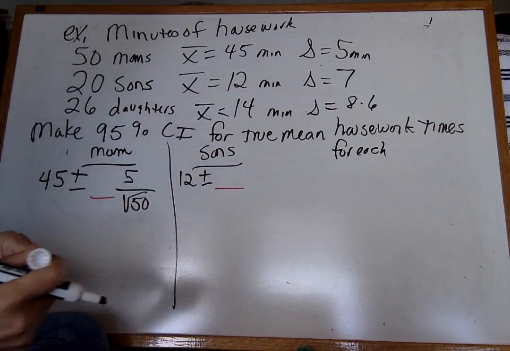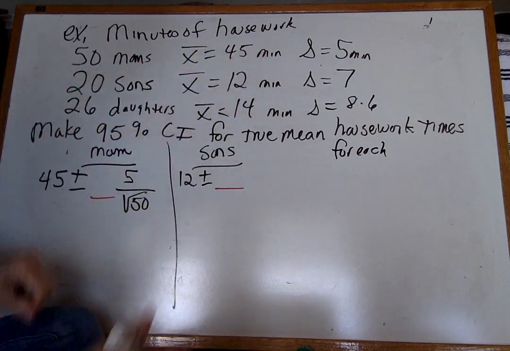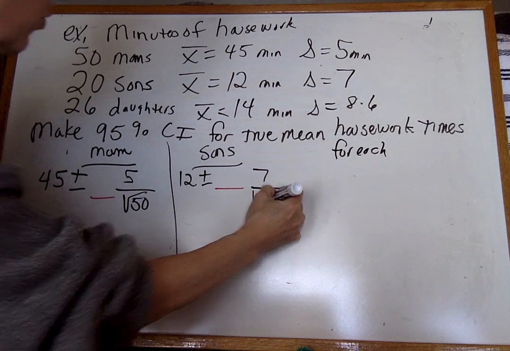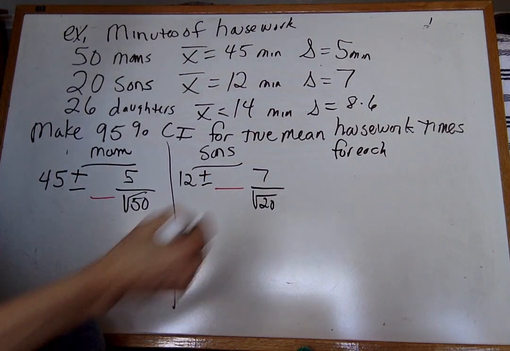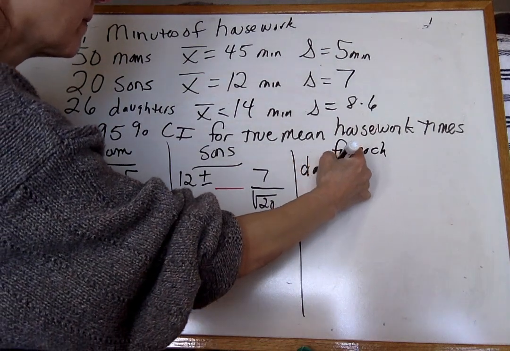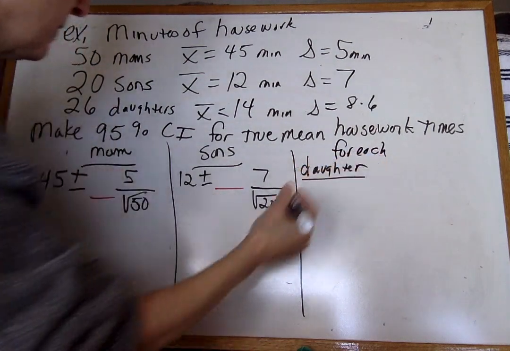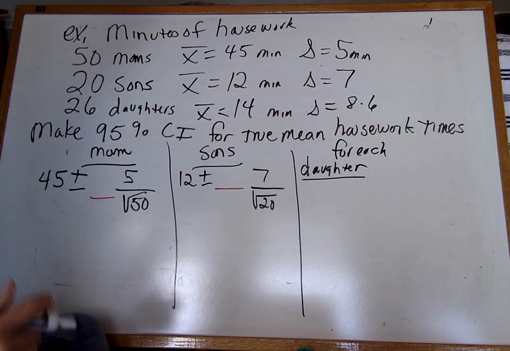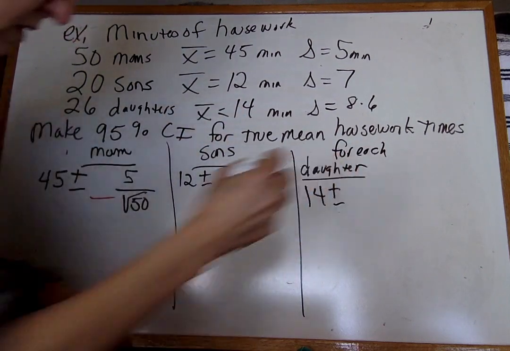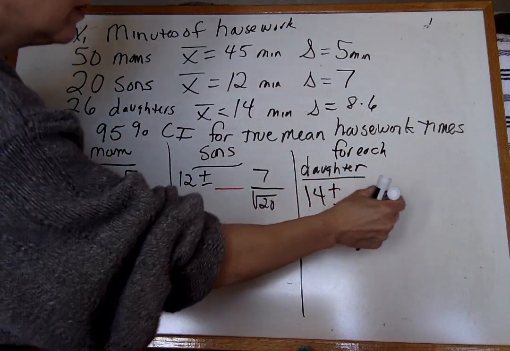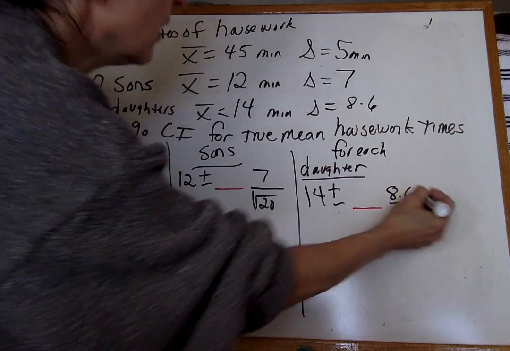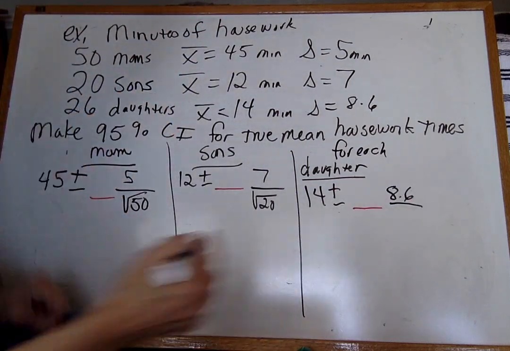I'll come back to the T. S over square root of the 20 sons. And then the daughters. Daughters, X bar plus or minus. I'll come back to the T. S over square root of n.